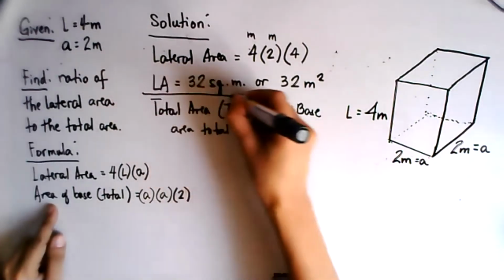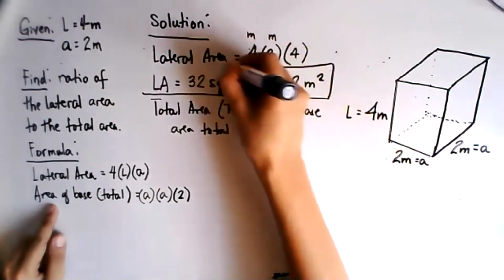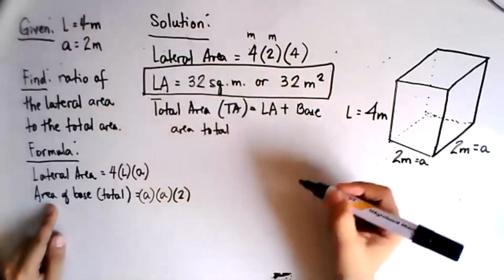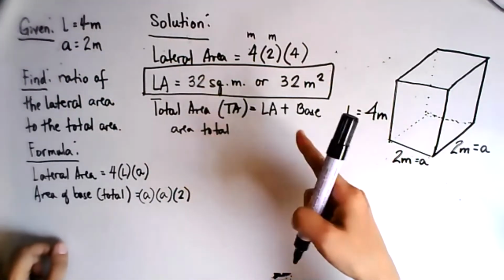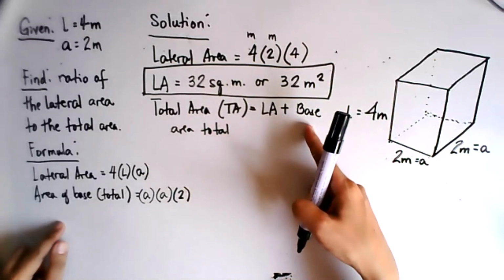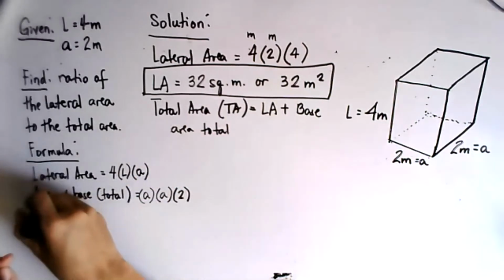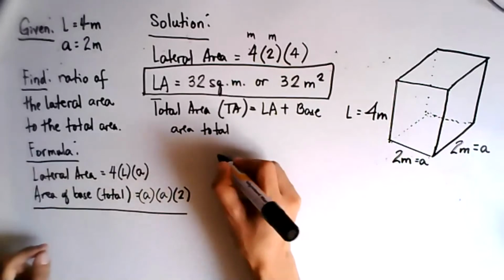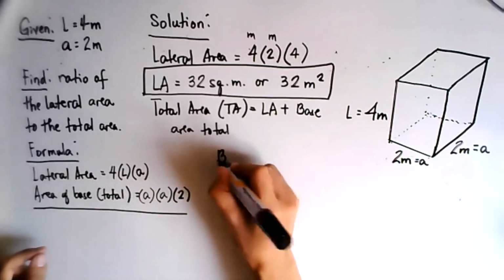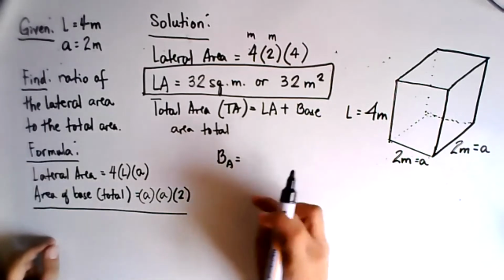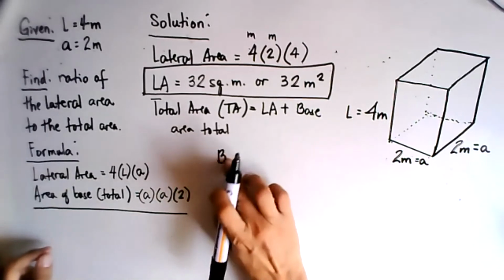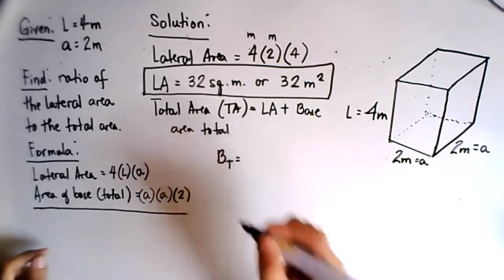Okay? So we have computed for the lateral area and we still have to determine the total area. But before we compute the total area, we need to determine first the area of the base. So based on our formula, the area of the base is equals to, say that is total base area.